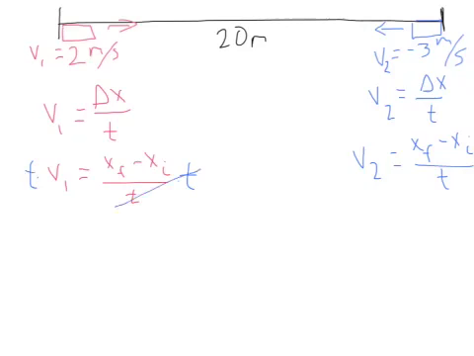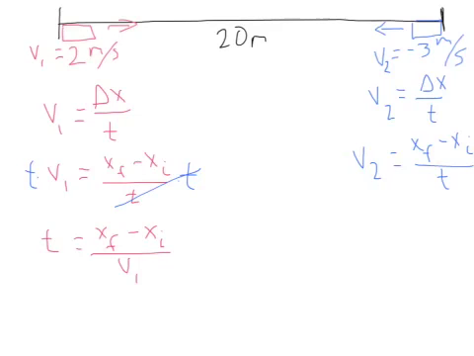these will cancel, and now I'll divide both sides by velocity of cart number 1. So I'm left with t is equal to x final minus x initial, divided by the velocity of cart number 1. That's how we can find how much time cart number 1 will be traveling before it hits cart number 2.